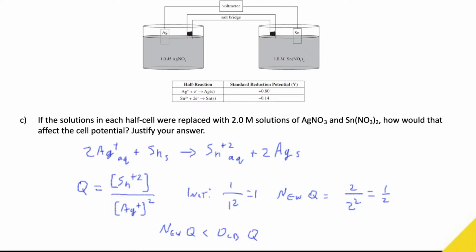Now Q wants to be closer to K. Because Q has become smaller, it will want to shift towards products, it wants to be bigger now, which means E will increase.